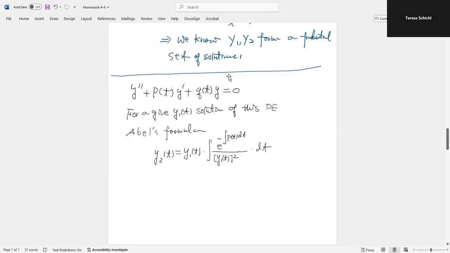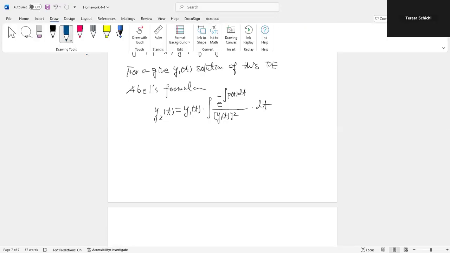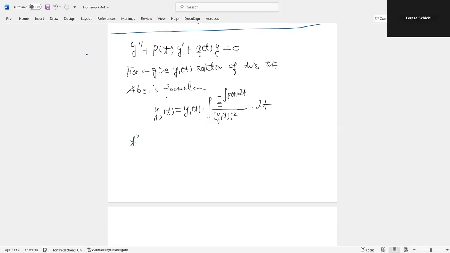Now let's look at the differential equation we are dealing with: t squared y double prime plus t y prime minus y equals 0, with the condition t greater than 0.